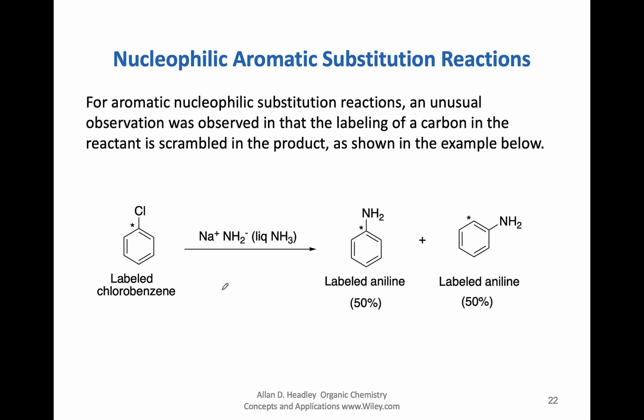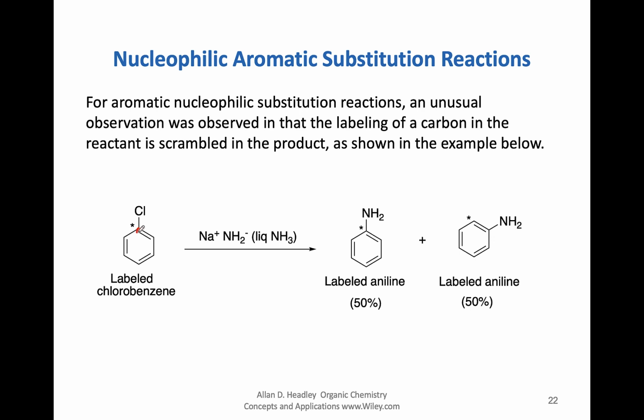Okay, let's turn our attention now to a very unusual observation. If we label this carbon here with an isotopic carbon, carbon 14 for example. Of course, carbon that's in natural abundance is carbon 12.